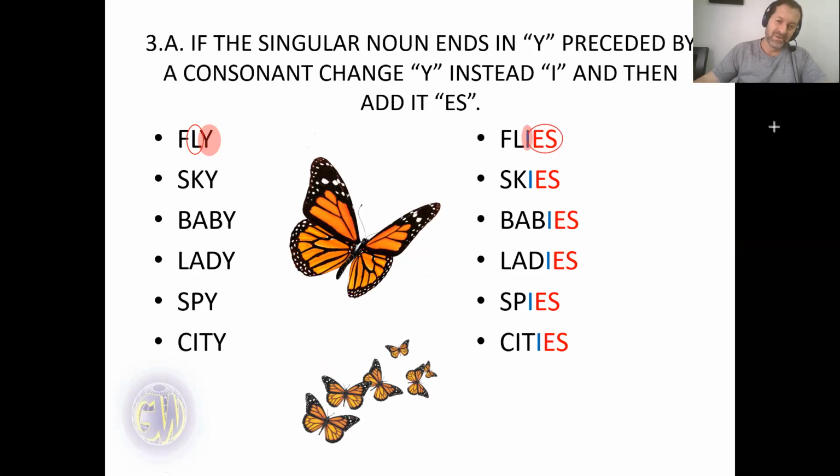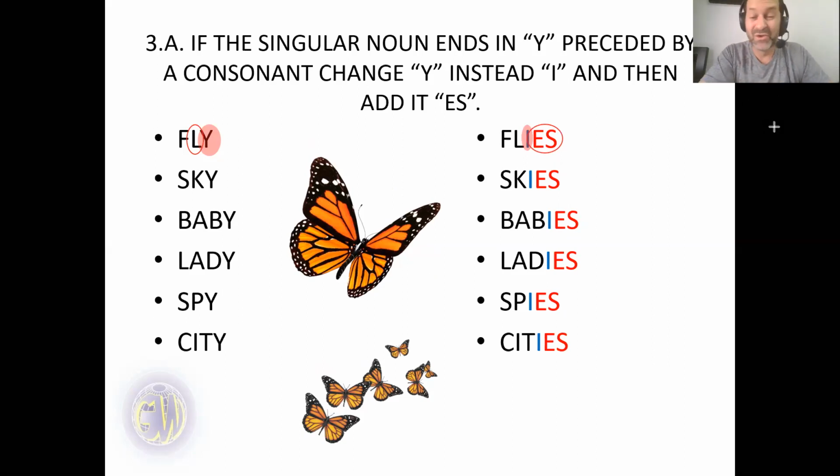All right. So fly, flies. I'm talking about mosca. Sky, skies. I'm talking about cielo. Baby, babies, bebé. Lady, ladies, dama. Spy, spies, espía. City, cities, ciudad. All right.